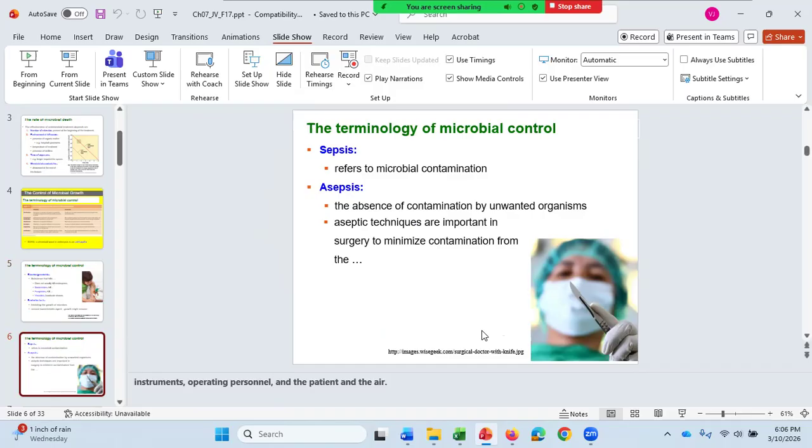Sepsis refers to microbial contamination. Asepsis is the absence of contamination by unwanted organisms. Aseptic technique is important in surgery to minimize contamination from the environment, as well as infection from the surgery room and the patient themselves.